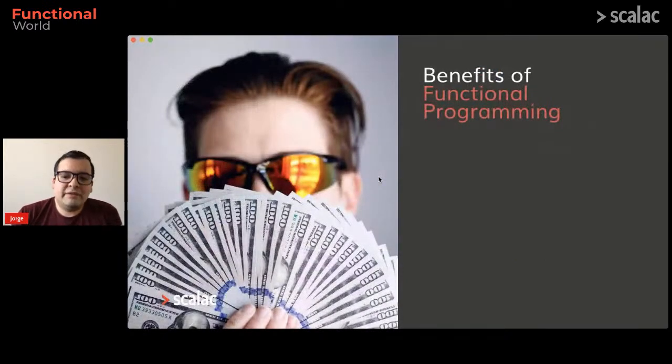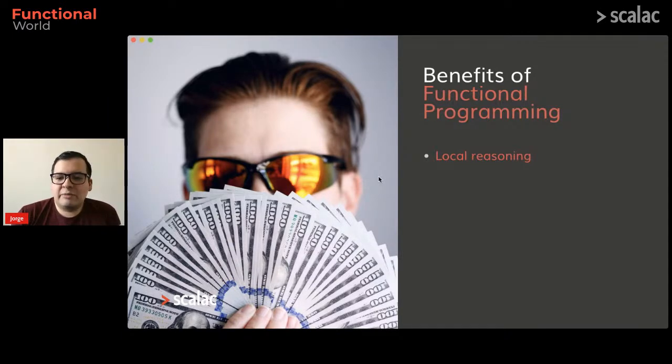So what are the benefits of functional programming? First, local reasoning. And what does that mean? It means that every pure function just depends on its inputs and outputs. If you want to understand what a function does, you just need to look at the inputs, the outputs, and its internal implementation. You don't need to look anywhere else.